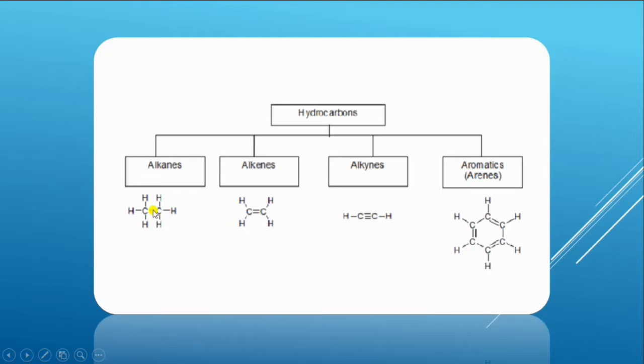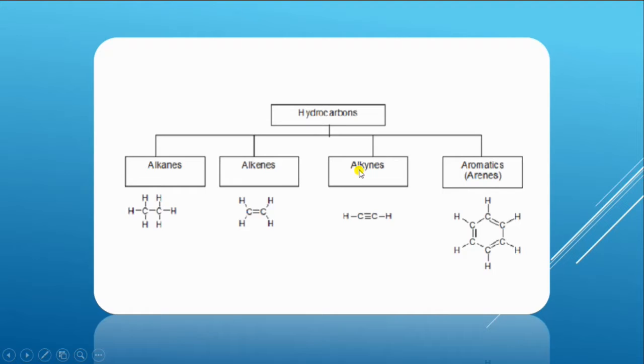You know only a sigma bond is present in a single bond. In case of a double bond, one sigma and one pi bond are present. In case of a triple bond, one sigma and two pi bonds are present. I am talking about saturated compounds, that means alkane, and unsaturated compounds, that means alkene and alkynes.